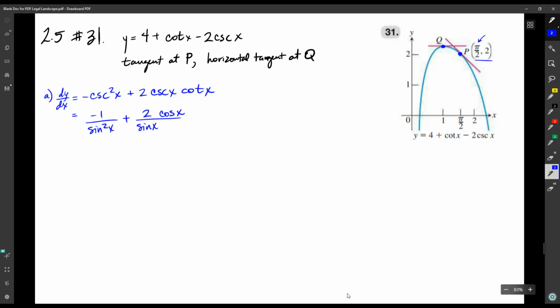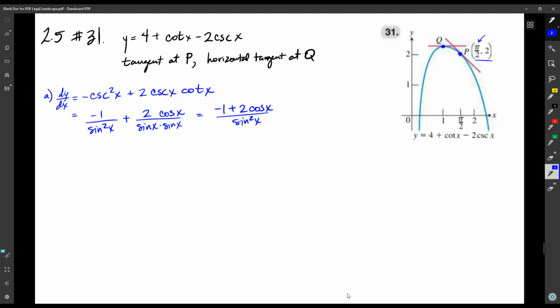So cosine of x here times sine of x there, so essentially that's sine squared of x in the denominator. And we can move forward and say this is negative 1 plus 2 times the cosine of x over the sine squared of x, since we have a common denominator.